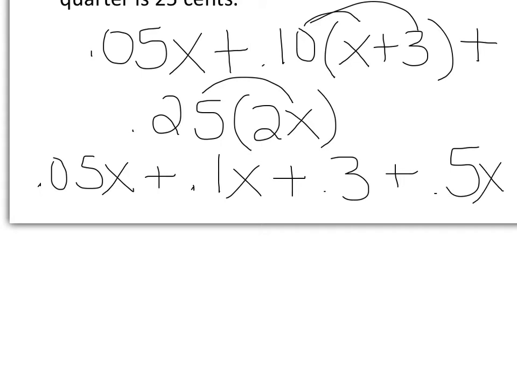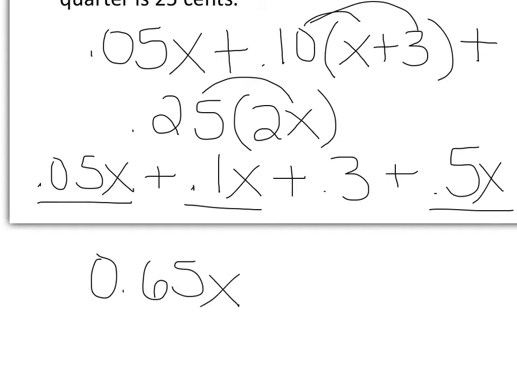Now we're going to combine our like terms. We've got 0.05x plus 0.1x plus 0.5x. So 0.05 plus 0.1 plus 0.5 is 0.65x. Cross all those out, plus 0.3.